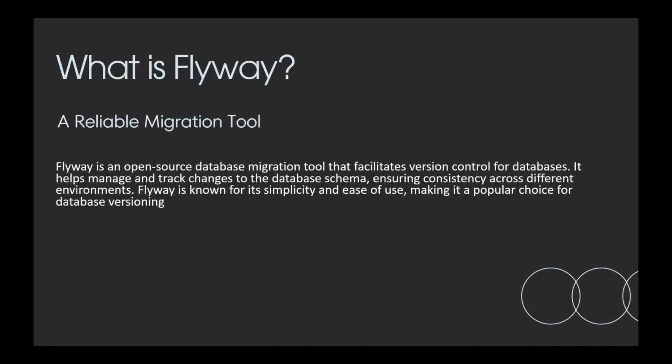For example, just consider you have multiple environments like dev, SIT, then UAT, then production, and maybe some staging environment. Maybe in the dev environment you run some SQL code and promote that to SIT also.